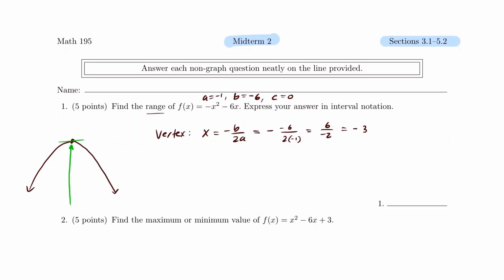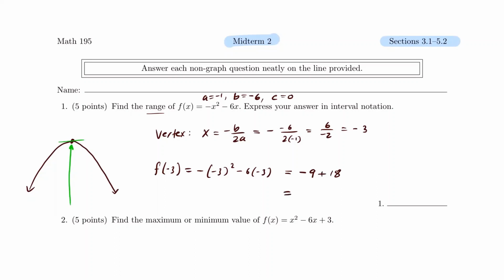Let's find the y value. For that, we simply plug this into our original function. So we want f of negative 3. That would be negative x squared, where x is replaced with negative 3, squared, minus 6 times negative 3. Negative 3 squared is positive 9, and because of the negative in front, that makes it negative 9. Then negative 6 times negative 3 is positive 18.